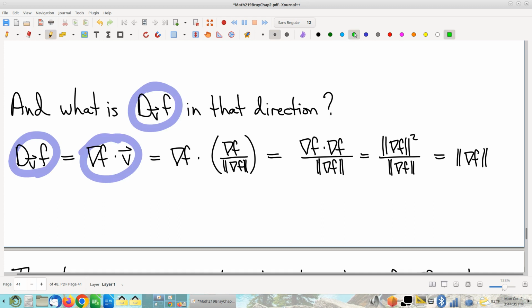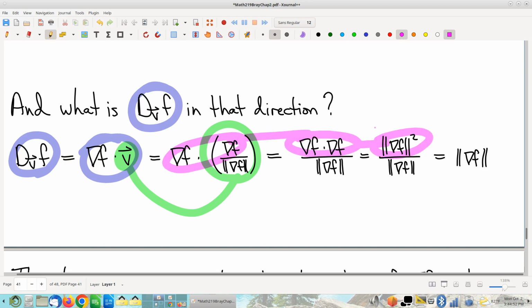Keeping in mind, we just agreed that the maximizing vector is the direction of the gradient vector, so the gradient divided by its magnitude. And then you notice I've got gradient dot gradient, which is the magnitude of the gradient squared. That gives you magnitude squared divided by magnitude, and that's the magnitude. So that's kind of weird that it worked out this way.